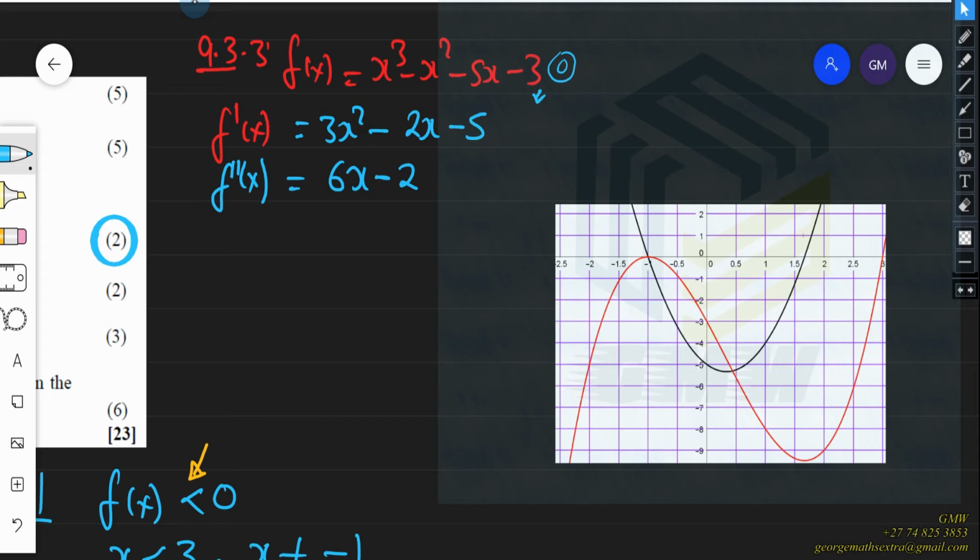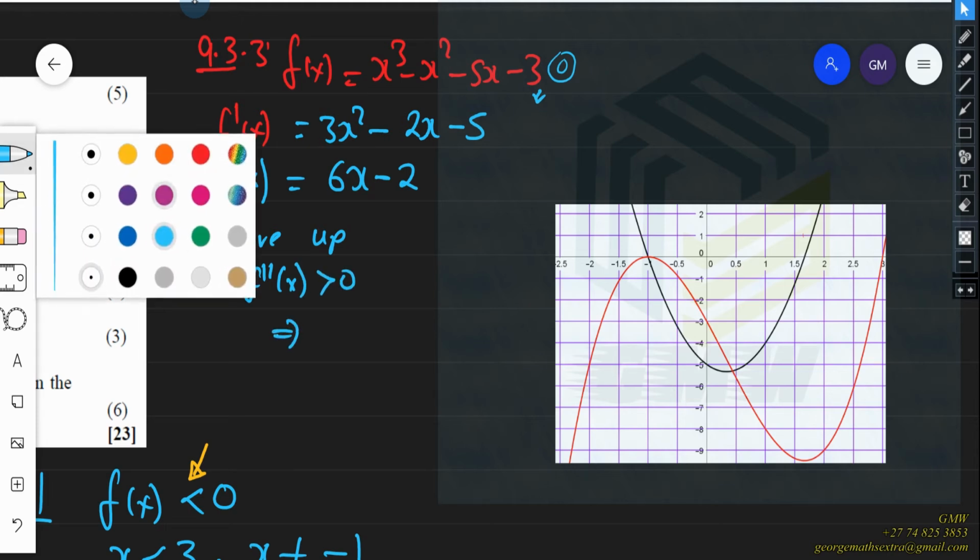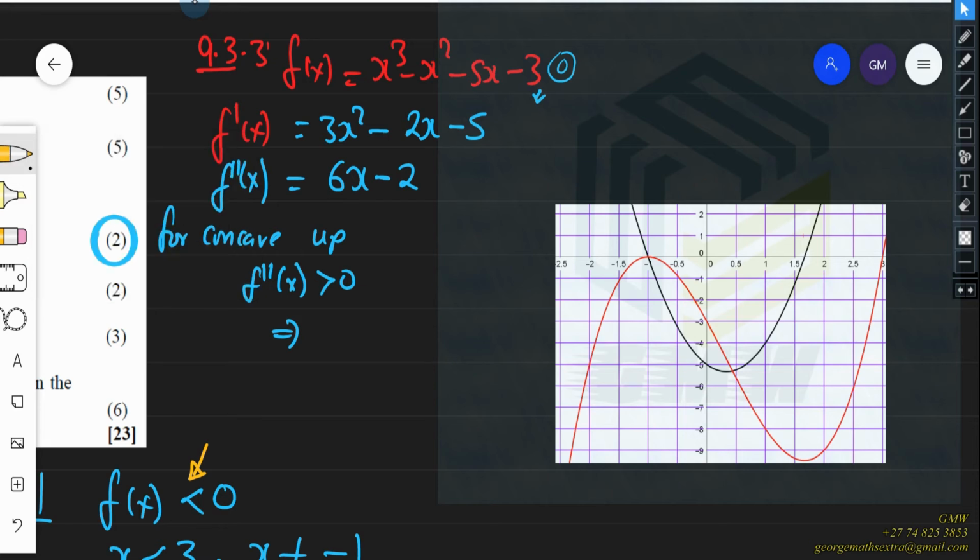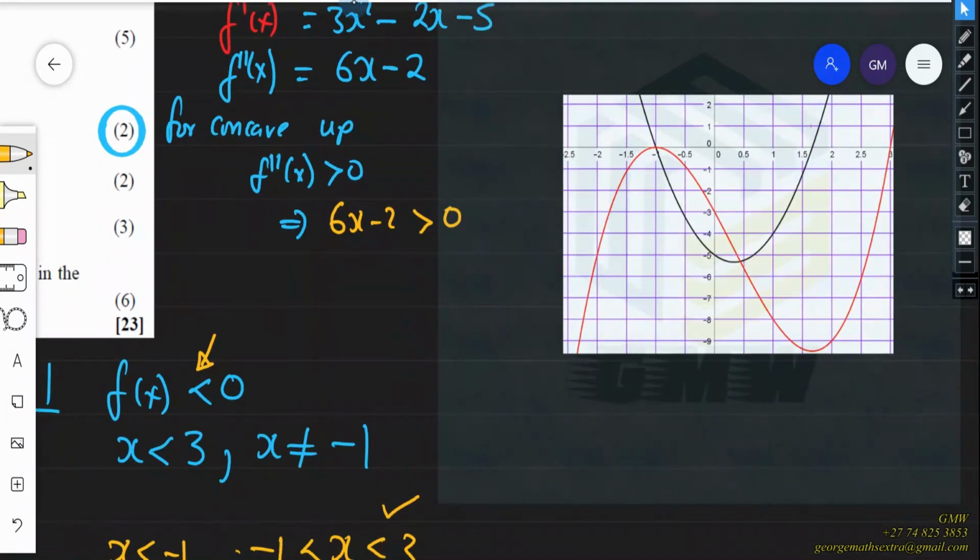Now, for concave up, we are saying the second derivative should be greater than 0, which means in this case, 6x minus 2 should be greater than 0, and we are now solving an inequality.